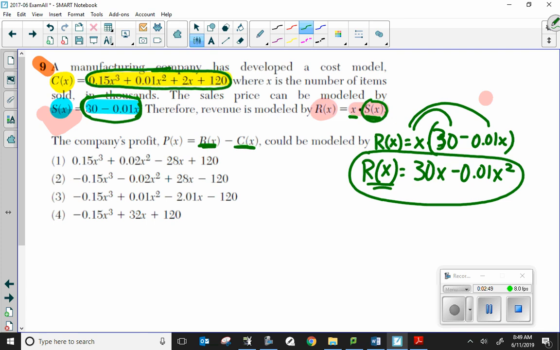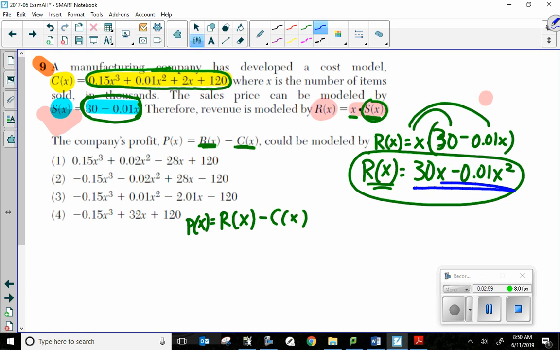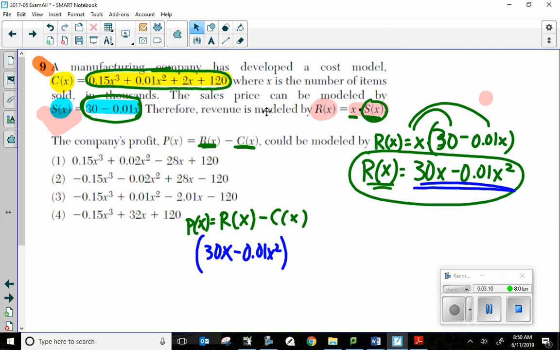So let's take R of X and subtract C of X. That's what they're asking us to find, our profit. R of X we already have. It is 30x minus 0.01x squared. I'm going to subtract C of X, which is this whole thing right here.